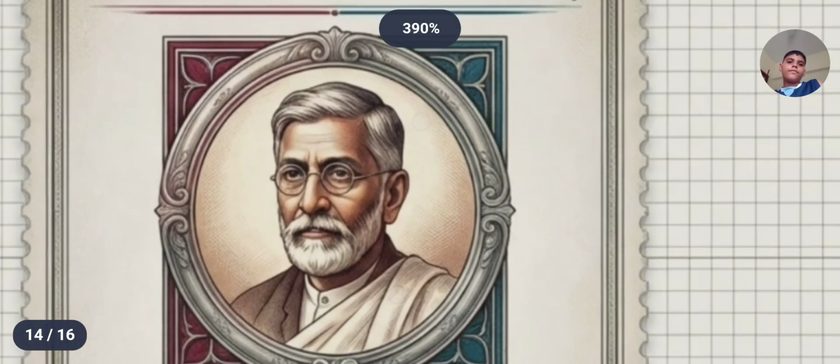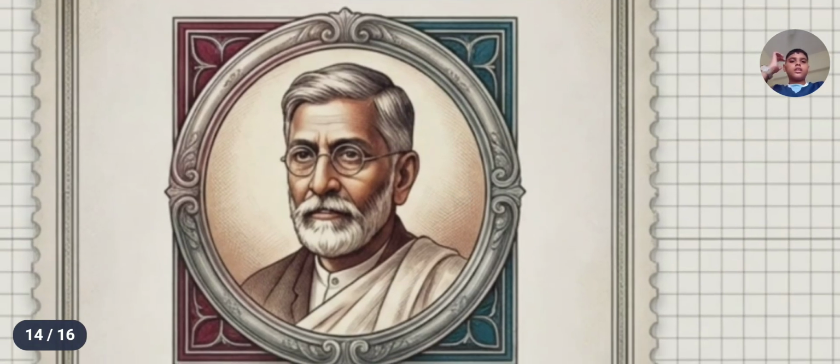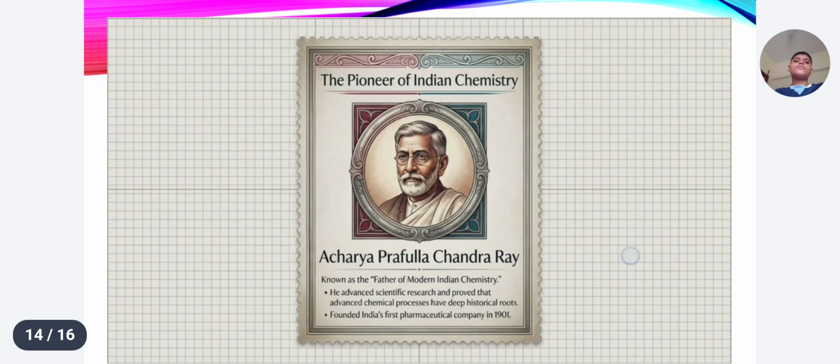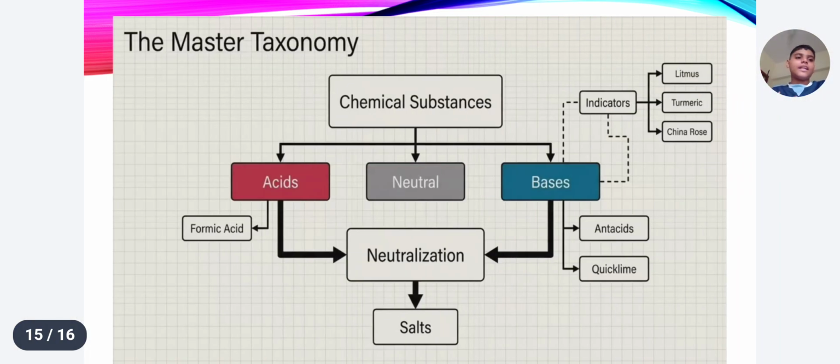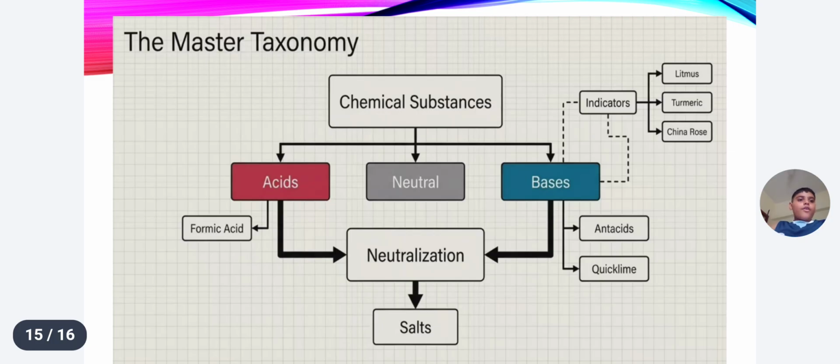You can see the photo. Okay. Use the colors, many were red and blue because of the acid. What we have read till now, it is saying that. Okay. Last mind map revision. You can take this photo. Chemical substances are acidic, neutral, bases.